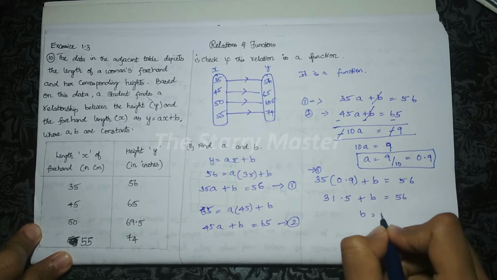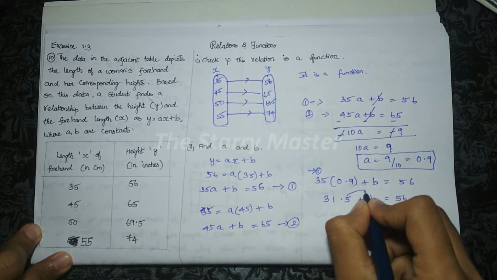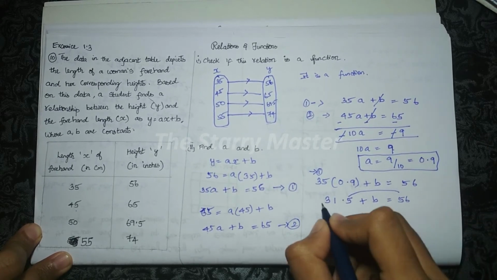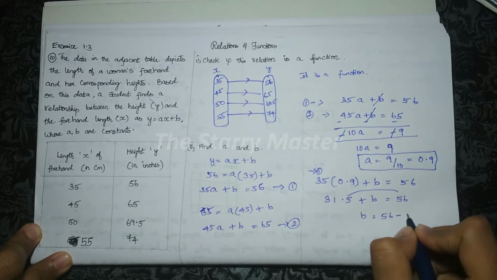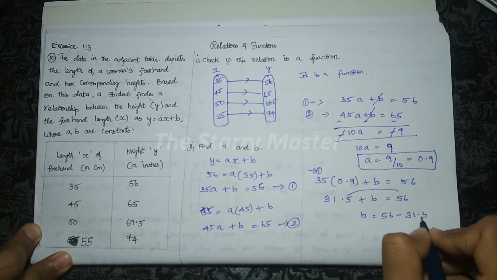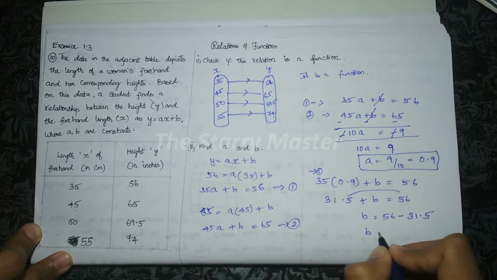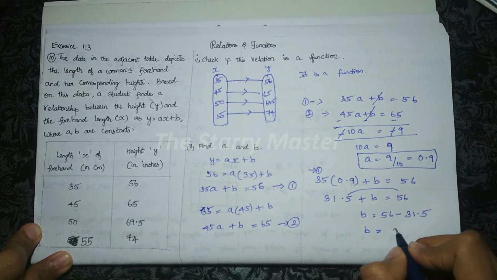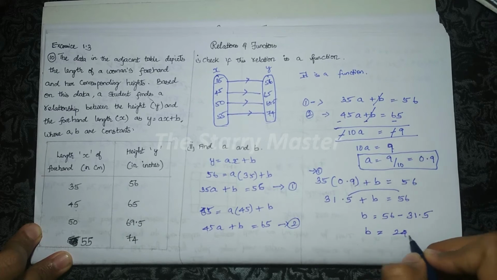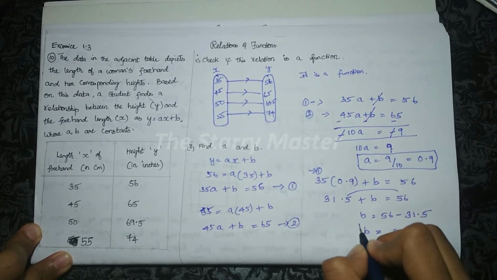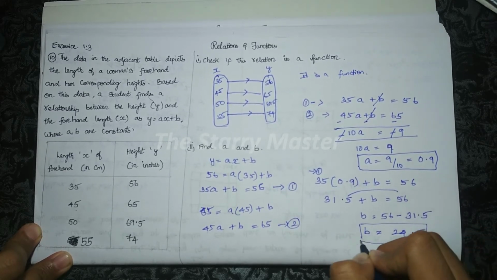So b equal to 56, taking 31.5 to that side, minus 31.5. So b is equal to 24.5. So we have found a as well as b.